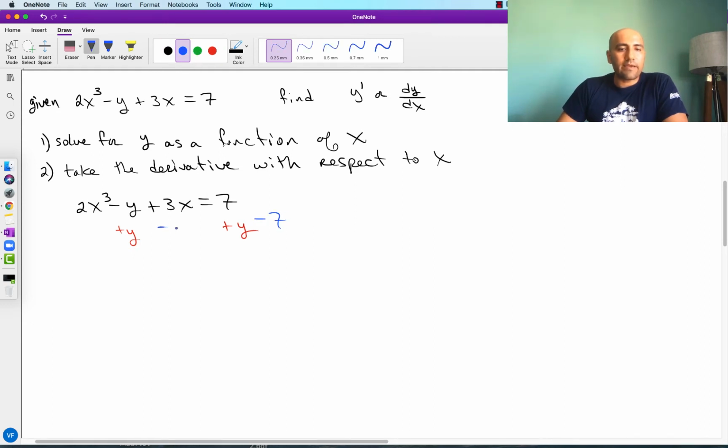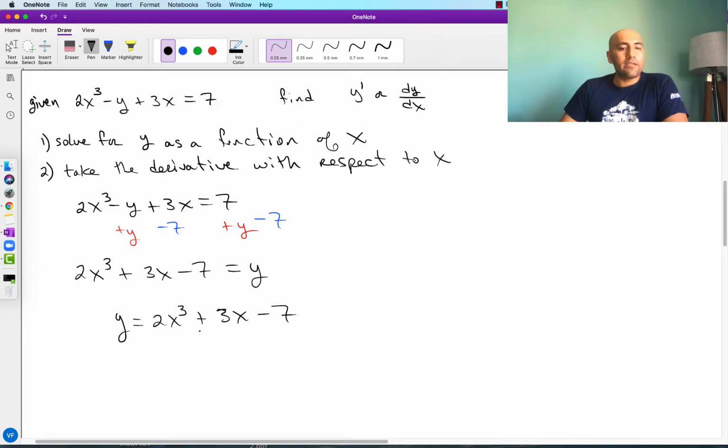So all of that comes down to 2x cubed plus 3x minus 7 equals y. Then I'm just going to flip that over, and I get y equals 2x cubed plus 3x minus 7. So step one complete.